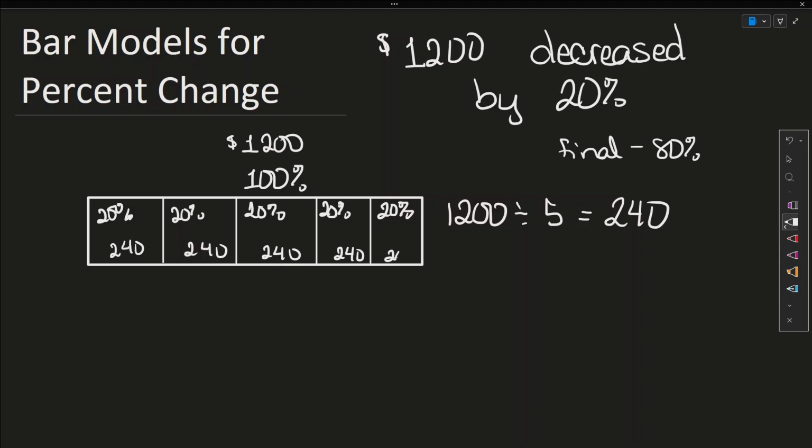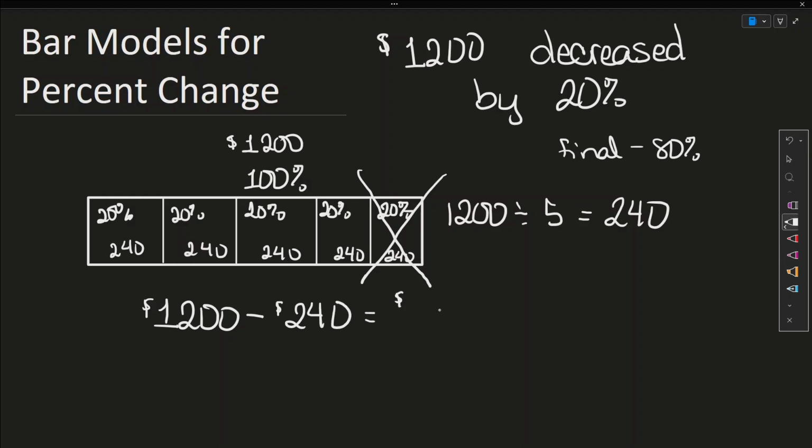Since we're decreasing by 20%, we're going to cross out 240. So we have the full amount of 1,200, and we removed 240 to get 960. So $1,200 decreased by 20% is $960.